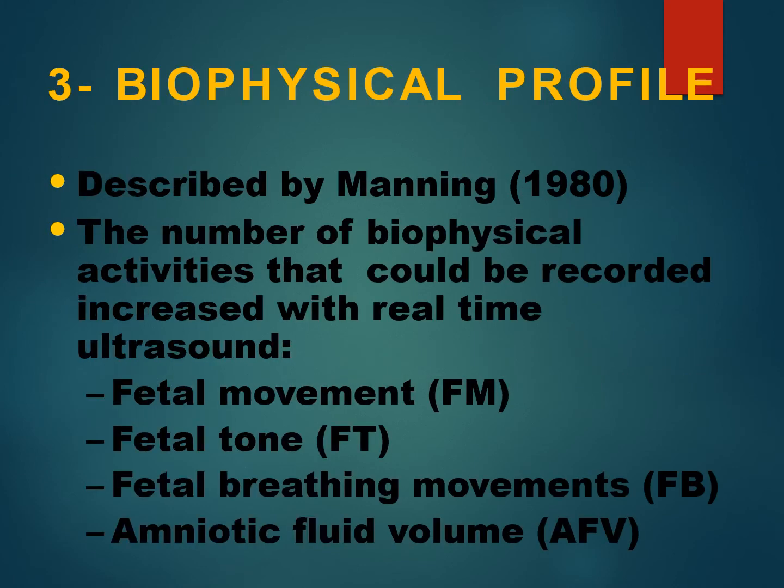The biophysical profile is five measurements that collectively represent the fetal well-being. These are the fetal movement, the fetal tone, the fetal breathing movement, and amniotic fluid volume, with the non-stress test.